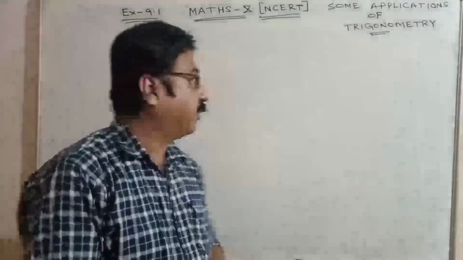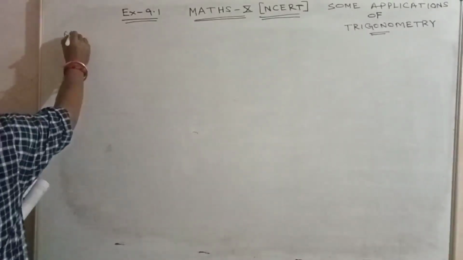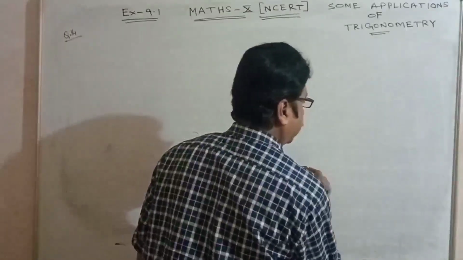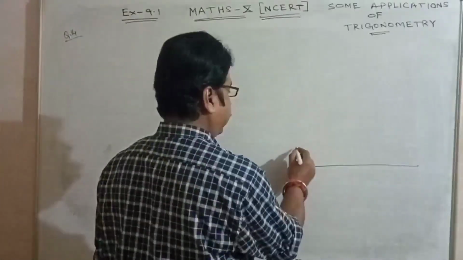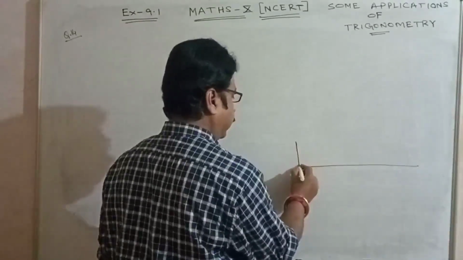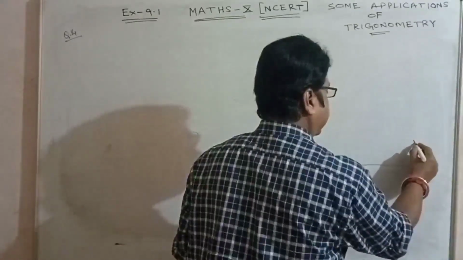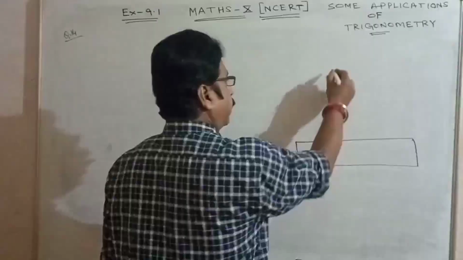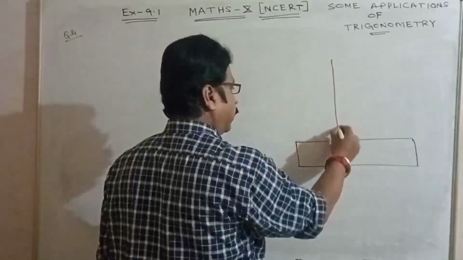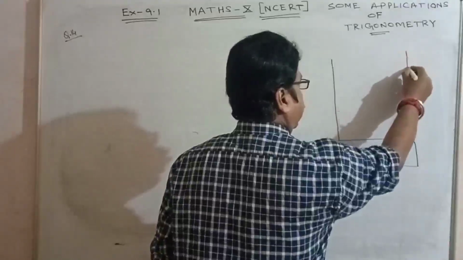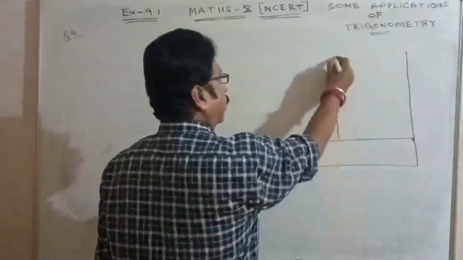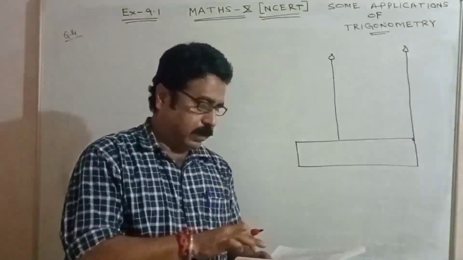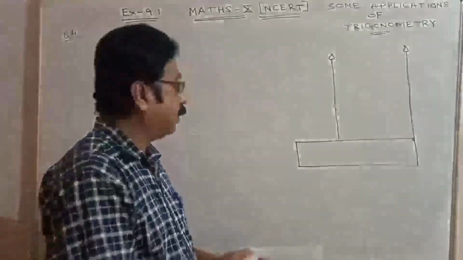Now, question number 40. This is the ground level. Diagram is given for this sum. This is 30 degree.